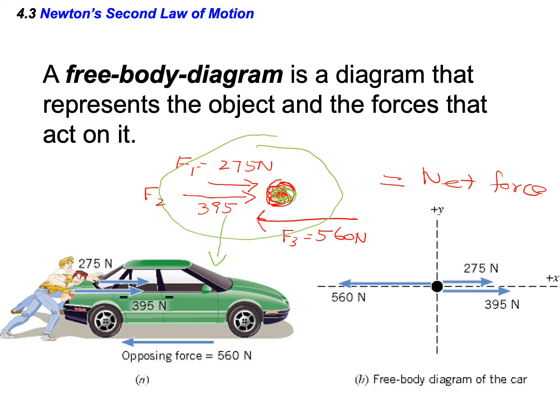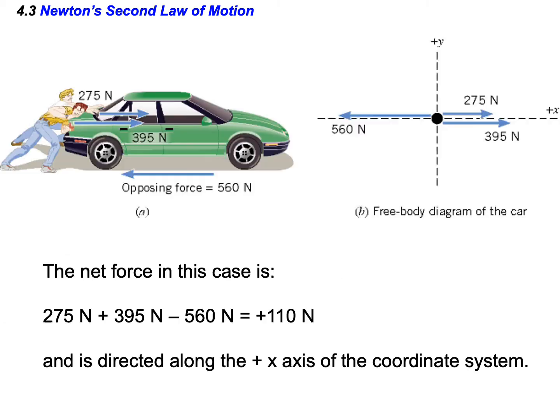So three forces, two forces to the right and one force to the left, and this dot represents the car. So instead of drawing everything, you can just draw a sketch. We call it a free body diagram.